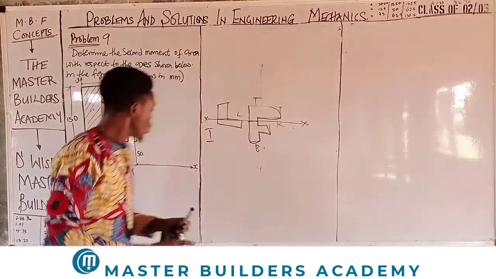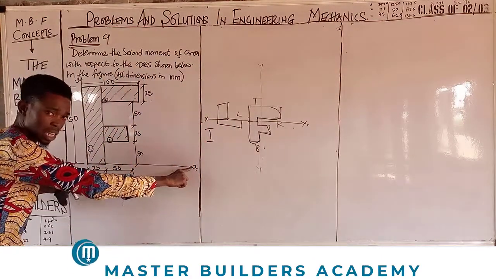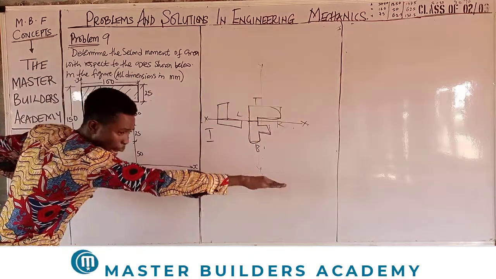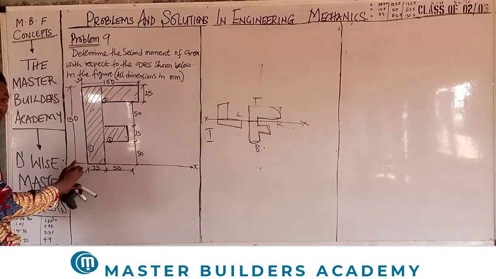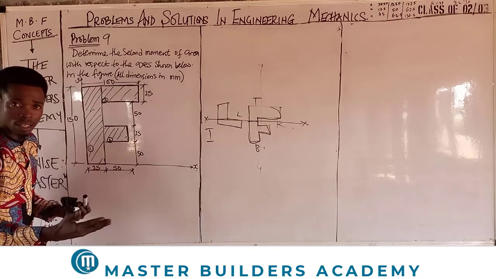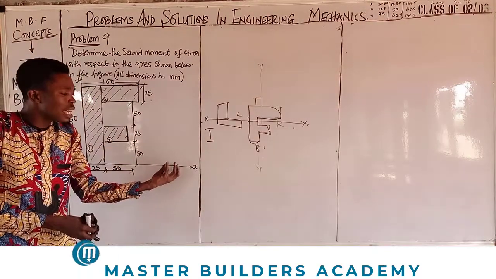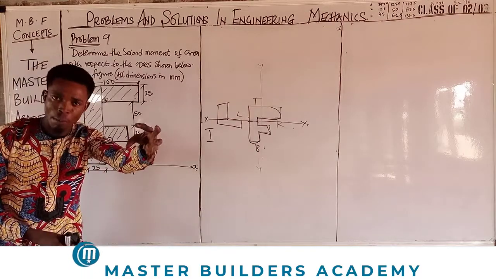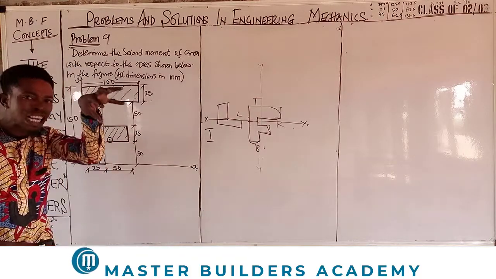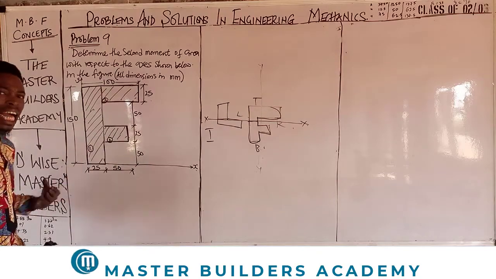It's very simple. We will take the bottom axis as our reference line for y, then we will take this as our reference line for x. So when we are to calculate the values for x, we will be using the y axis as our datum, and when we calculate values for y, we will be using the x axis as our datum.